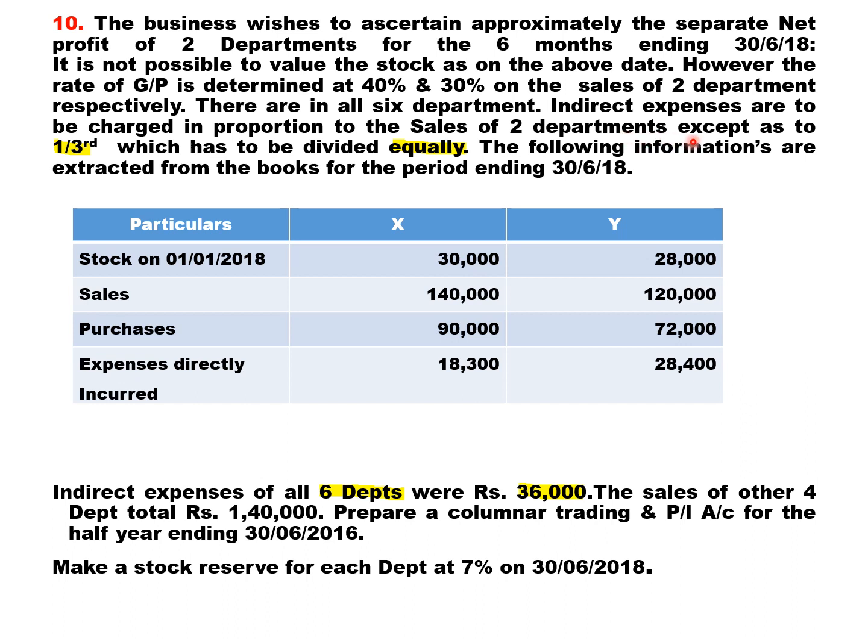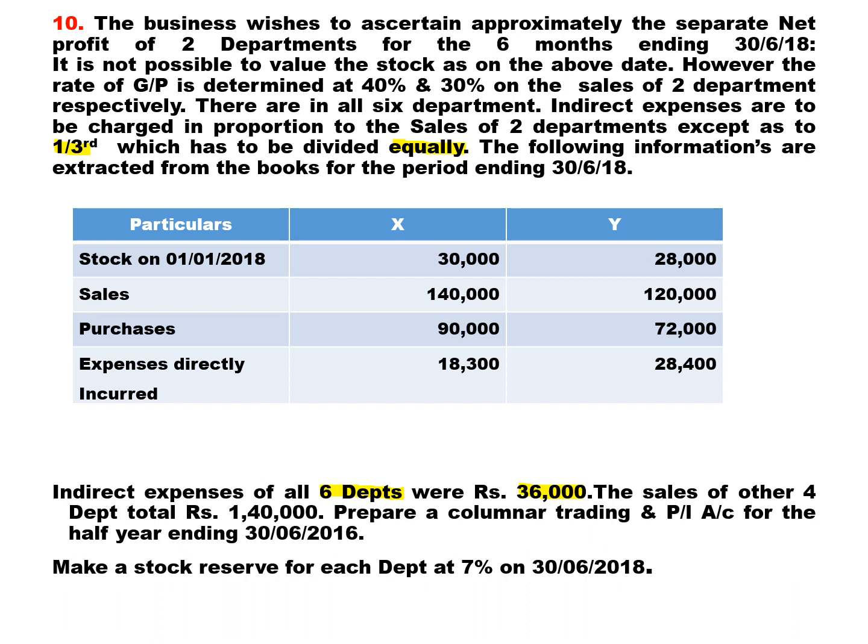Let us read it back: indirect expenses are to be charged in proportion to the sales of 2 departments, that means in sales ratio, except as to 1/3 which has to be divided equally.